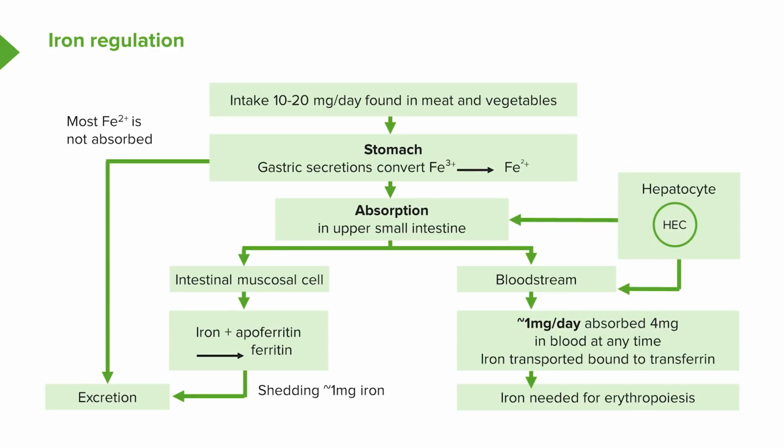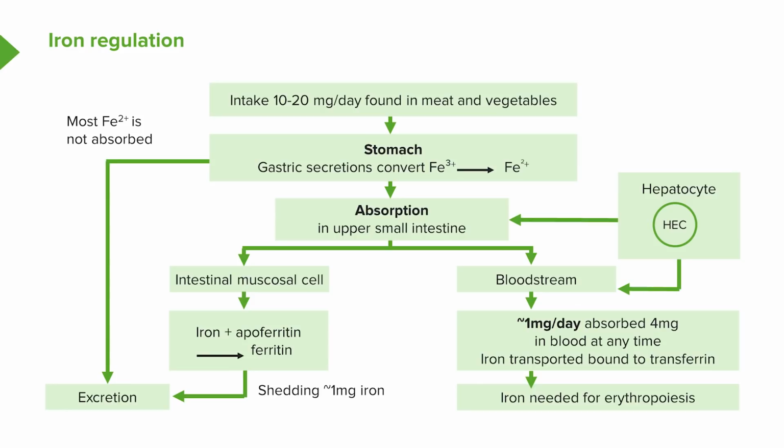In the stomach, much of this iron is reduced into the ferrous Fe2+ form, and that helps absorption. And you'll see that absorption occurs in the upper small intestine. But on the left-hand side of the slide, you will see that much of this is absorbed into mucosal cells and then shed for excretion, perhaps 1 milligram a day.